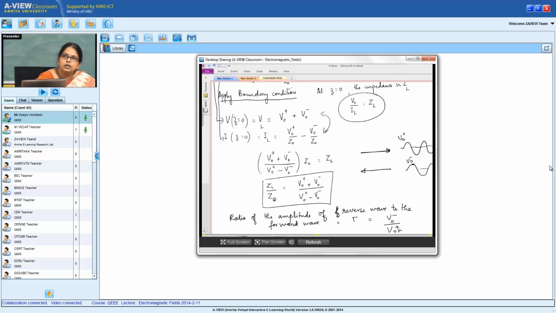Okay. Now you define this ratio as the voltage reflection coefficient.